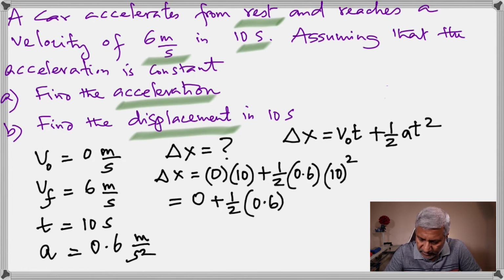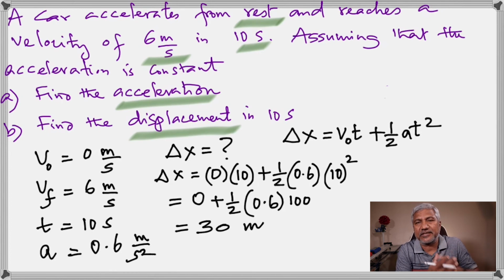What is 10 squared? 10 squared is 100. So 0.6 times 100 becomes 60. 60 divided by 2 is 30. So in my example, where I took it as 20 meters, I was just throwing in a number. But you see that if you had worked it out, we would have got 30 meters.